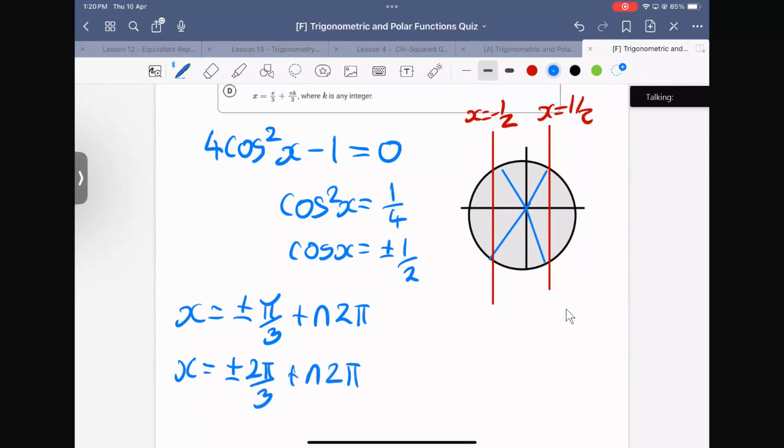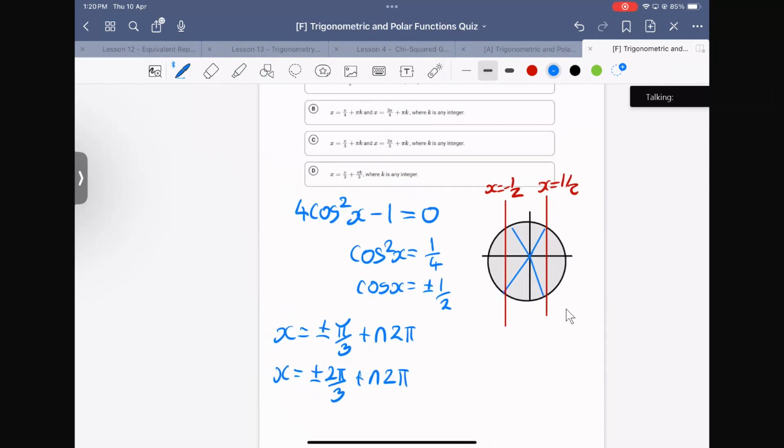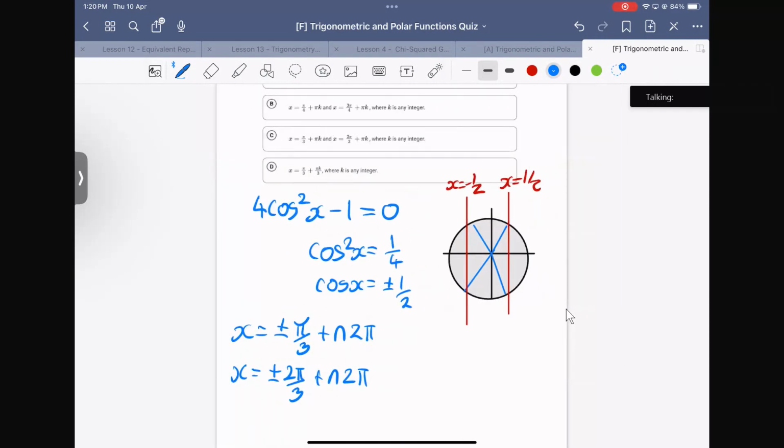The first one is from cos x equals a half. The other is minus a half. Now, the thing is that pi over 3 plus pi is that one, and 2 pi over 3 plus pi is this one. So it's going to be C.